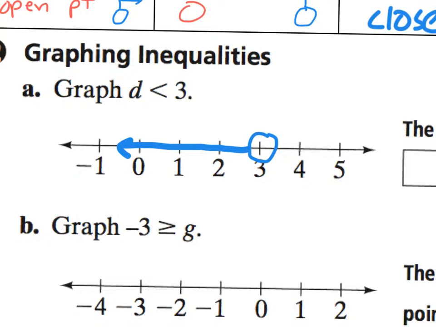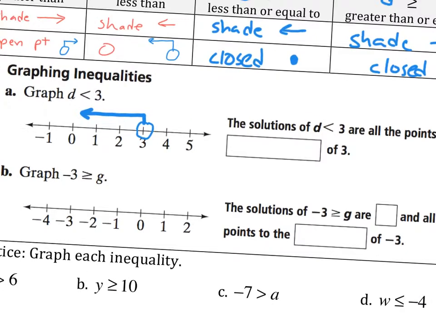So I suggest just making the arrow above or below, like in this manner, going this direction. That's the fastest way. Plus, it doesn't end up interfering with any of the numbers here or any other points that you may have plotted.